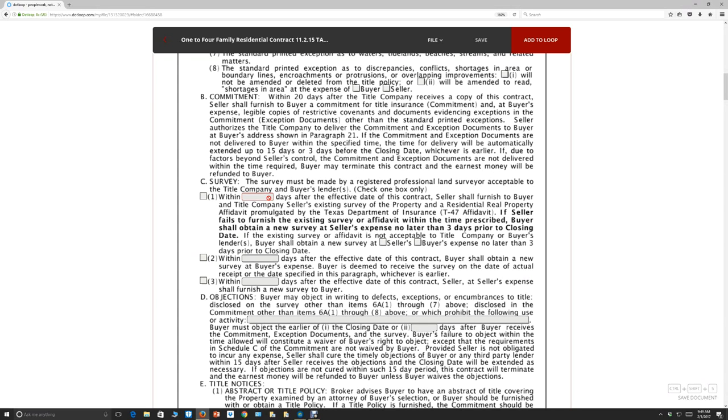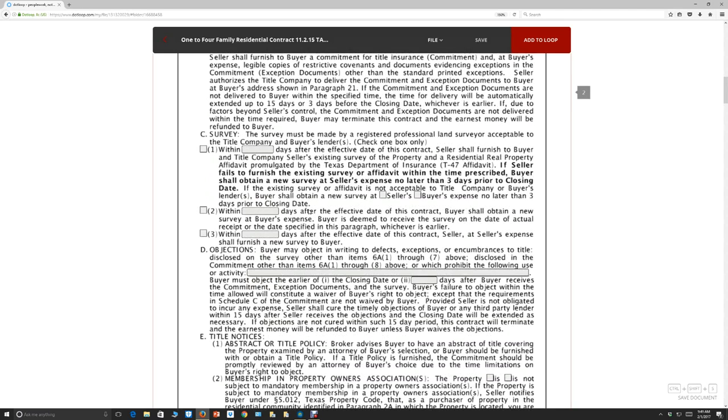Both sellers have to have signed that T47. If only one signer signs the T47, then this can be a way that the buyer can get out of the contract, because the buyer can say that an accurate, enforceable T47 was not provided in the right number of days. So just to protect yourself, get all sellers to sign that T47.